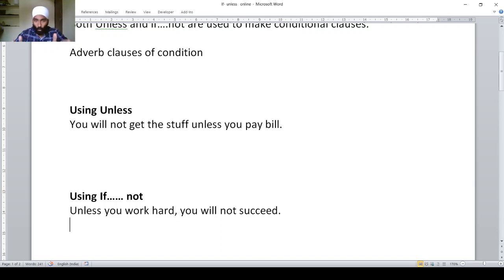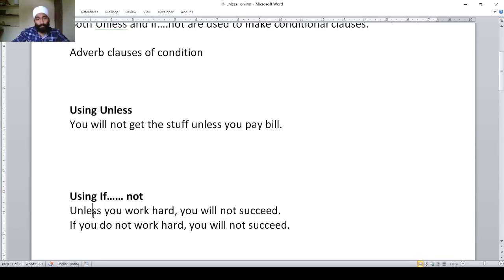If the first condition is wrong, meaning if you do not work hard, you will not become successful. So in such sentences, if you want to use if not, you have to remove unless. If you do not work hard, comma, you will not succeed. See, both these sentences have the same meaning, we have just replaced unless with if not.